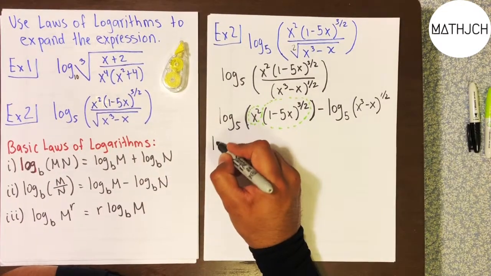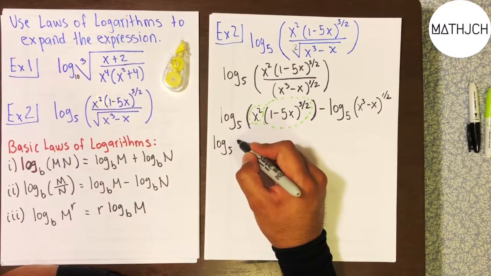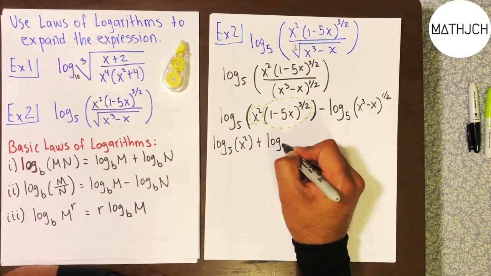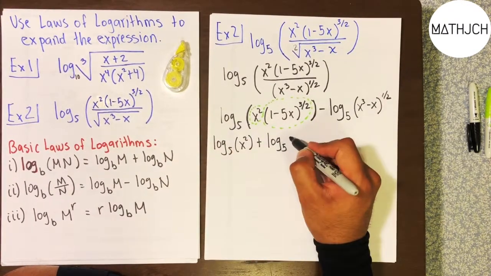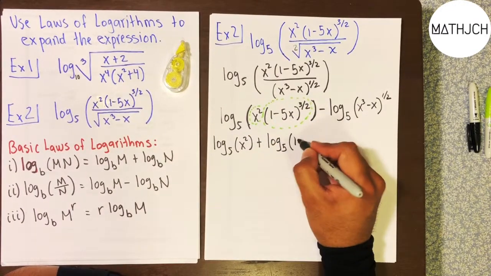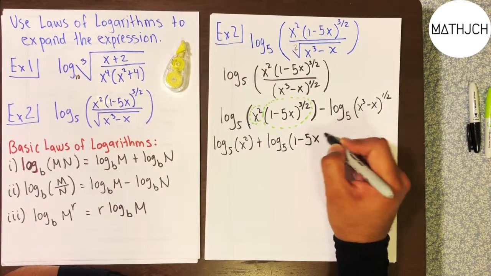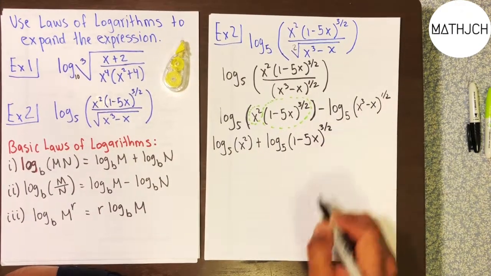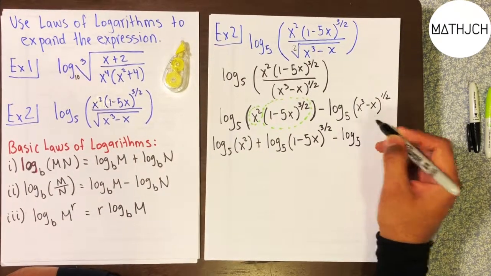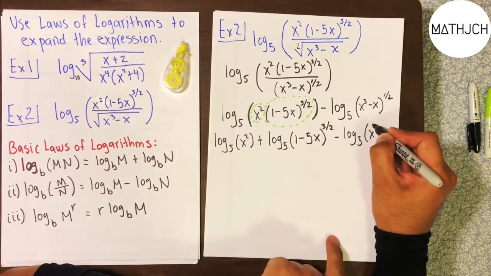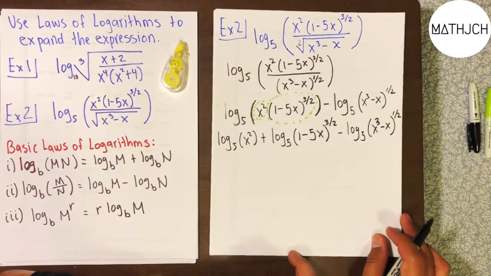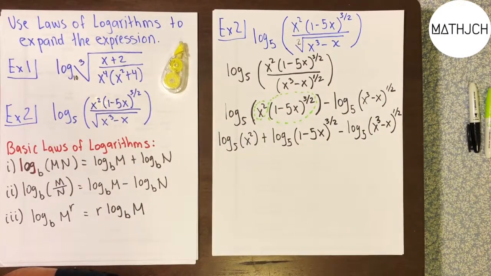So we will have log base 5 of x squared plus log base 5 of our second factor that is multiplying the x squared, which is 1 minus 5x with power 3/2. And let's bring this one down here the same. Let's not work on this one for now. Okay, now it looks like a more expanded version, right?